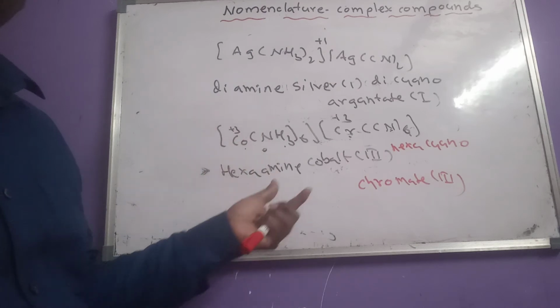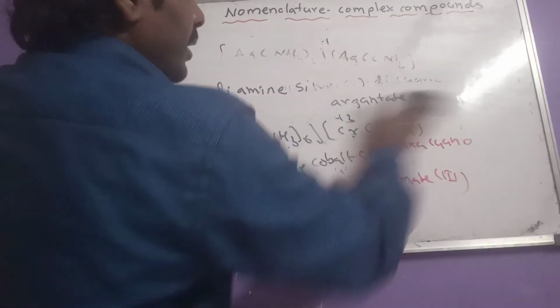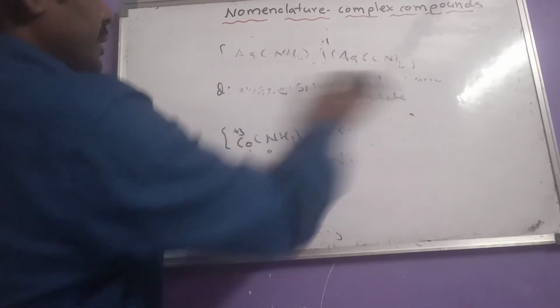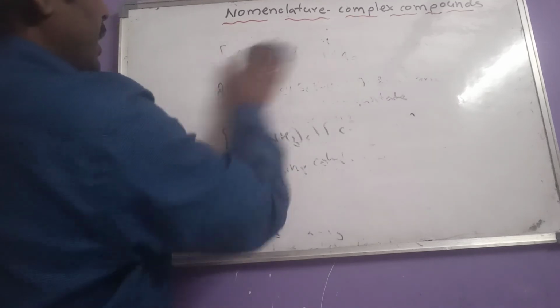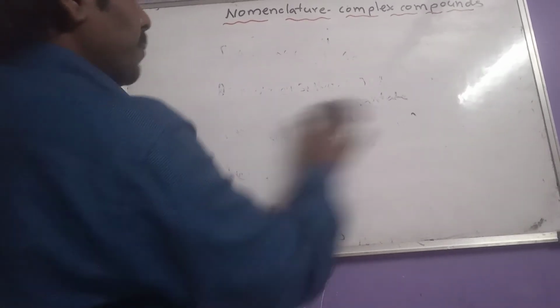And then let us go for some bridge ligand complexes, or bridge complexes. That means in some cases bridge ligands are present. They connect two central metal ions in the coordination sphere only.